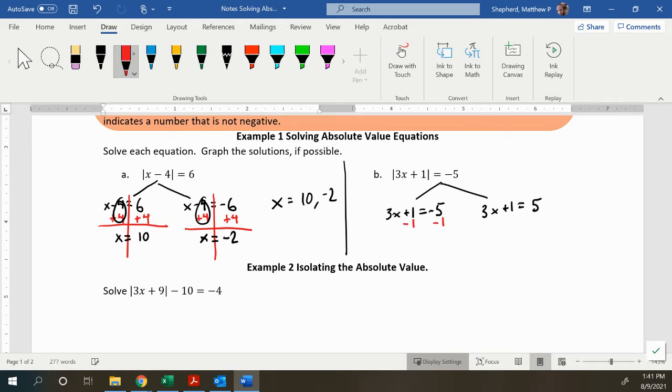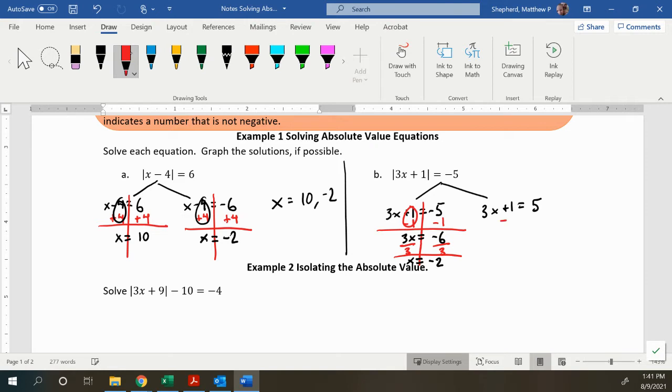I'm going to subtract 1 from each side of this. Plus 1 minus 1 is just a 0. 3x plus 0 is just 3x. So 3x is equal to negative 6. Divide both sides by 3, and we're going to get x is equal to a negative 2.